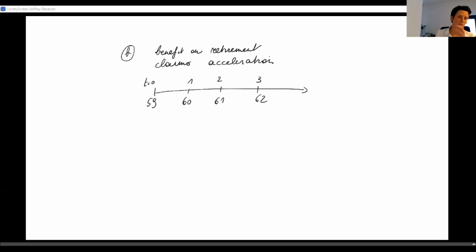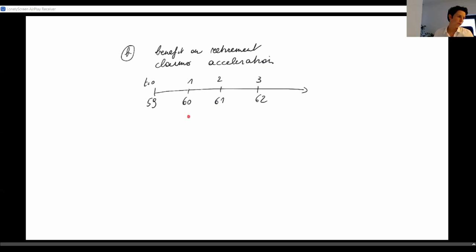And now I need to think about when can somebody retire. So I know that in the first year, between 59 and 60, there is no retirement possible because my force of retirement there was put exactly equal to 0. So the retirement is possible, and I'll denote that in red here at exact age 60.